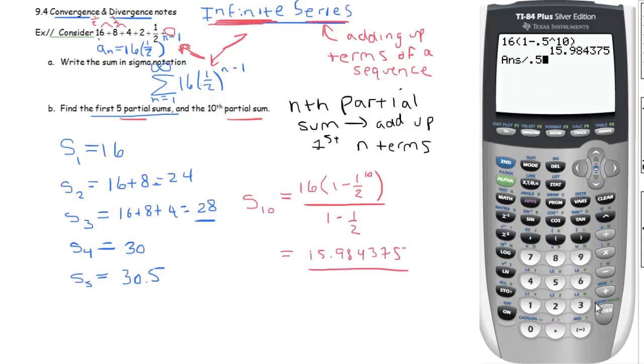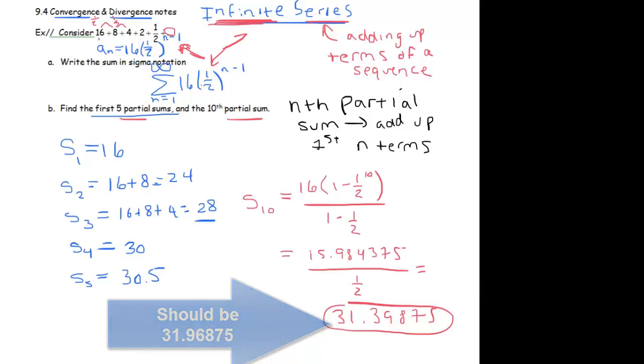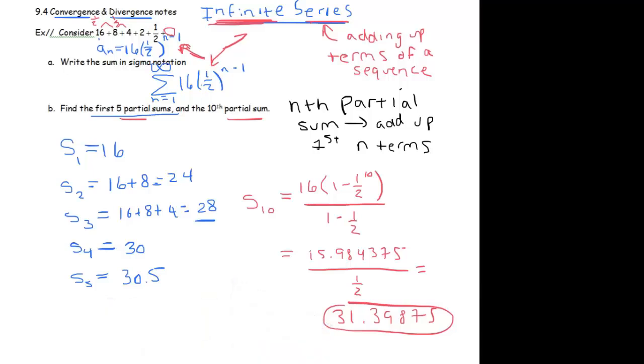And then I'm dividing that by 1 minus 1/2, which is 1/2. Divide that by 0.5, and you get 31.96875. So there's the 10th partial sum. Okay, so let's look on the next slide for another example.